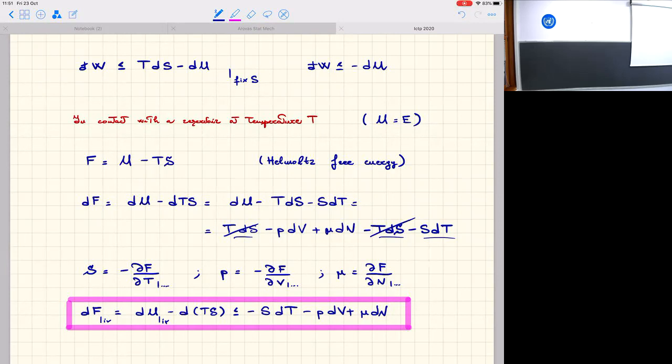Okay? Which means the following, that if I fix temperature, I fix the volume and the number of particles, then df is always less or equal to 0, right?